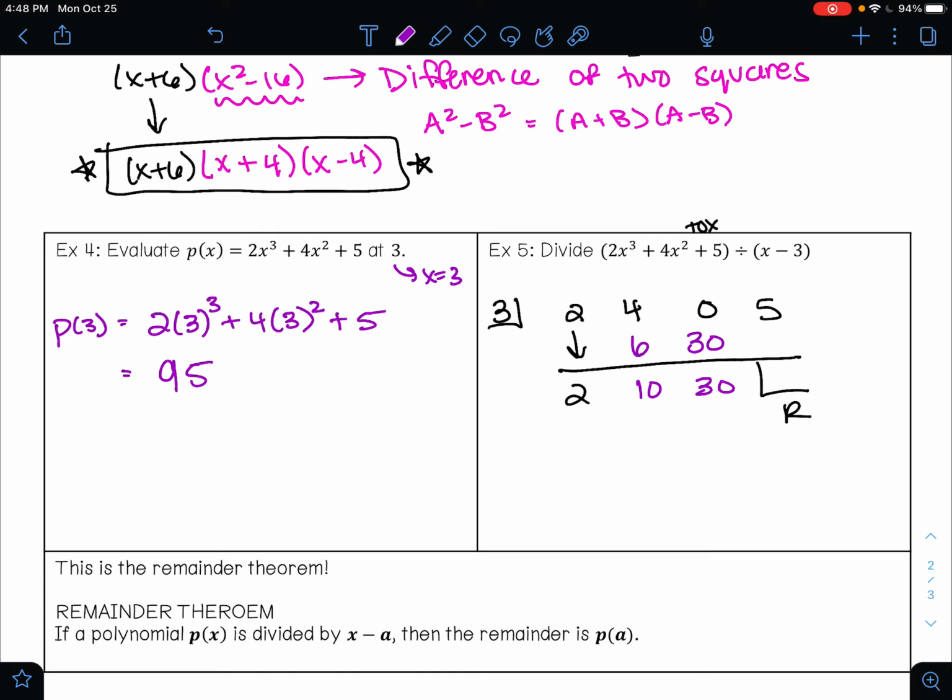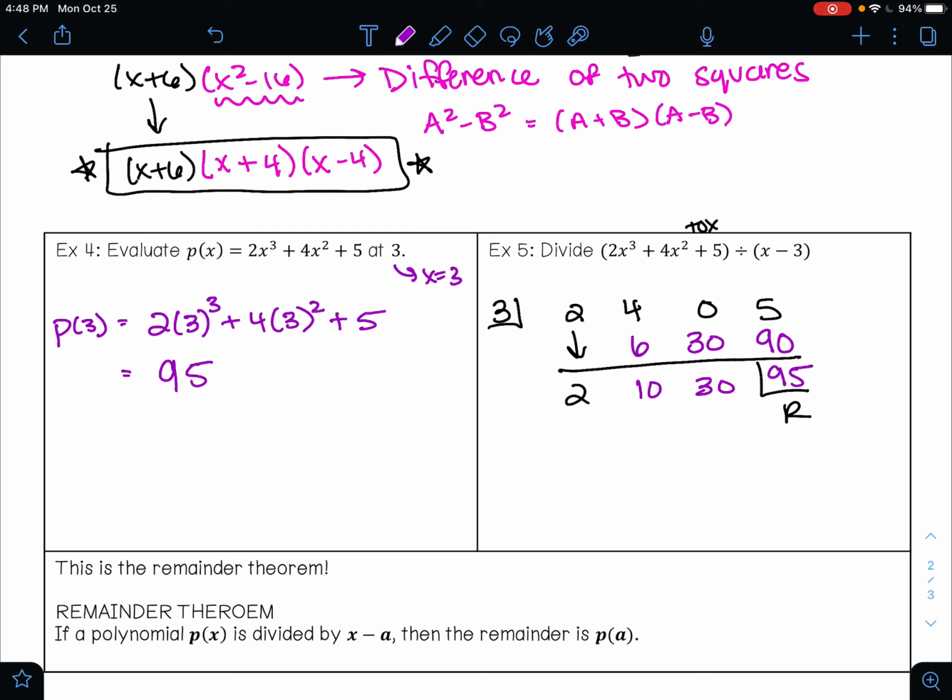Three times 2 is 6. This is going to give, oh, I didn't do anything wrong. I'm not looking for 0. Sorry about that. And so here my remainder is 95.